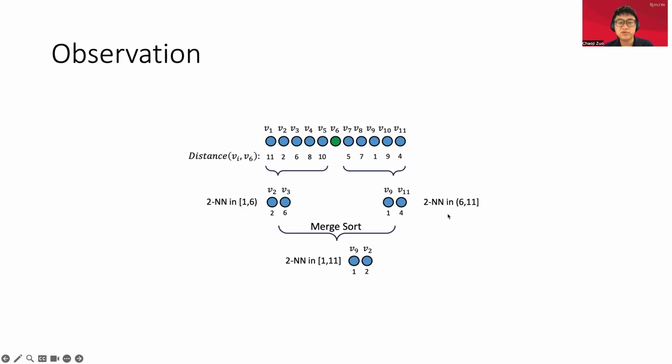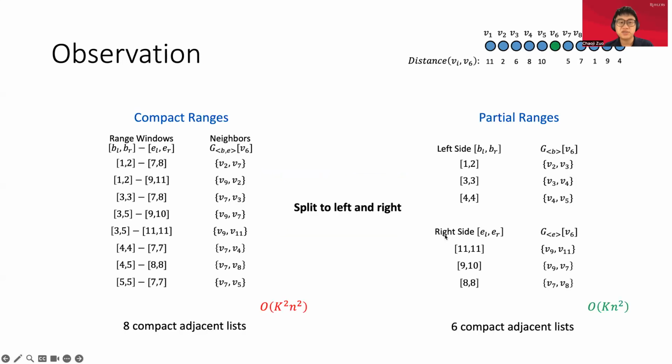Then finally, when we need the nearest neighbors among all the ranges, we can just simply do the merge sort. And we call this technique the partial ranges. With the partial ranges, we can split the original compact ranges into left side and right side and store the nearest neighbors separately. And now the index size will become Kn squared.